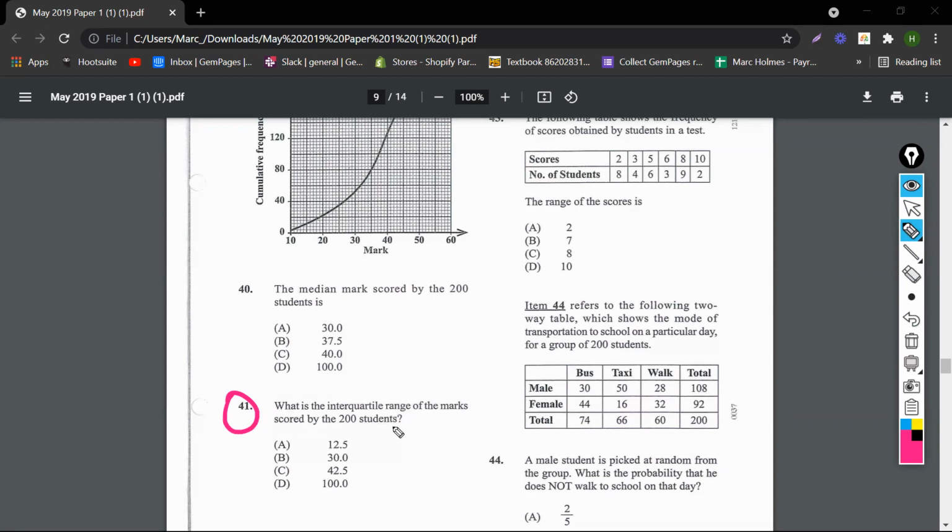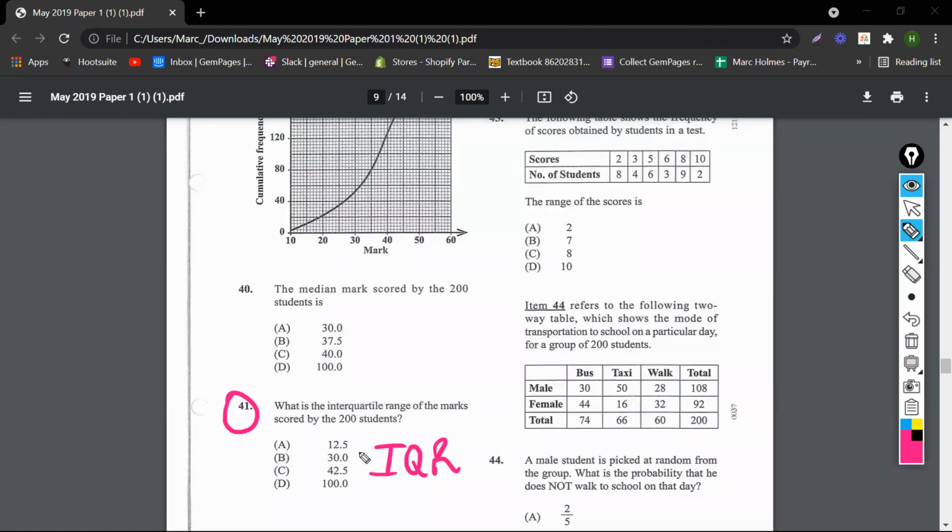So guys, what is the interquartile range? Do you guys remember how to find the IQR? Semi-interquartile range? Does anybody remember the interquartile range formula? Well, let me just tell you.